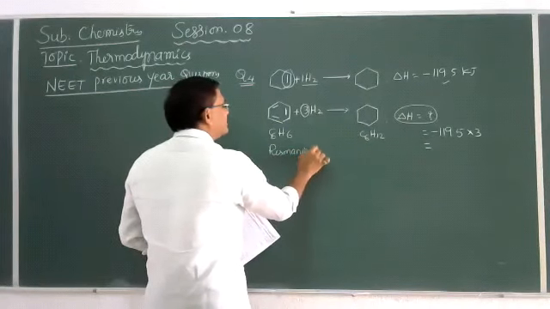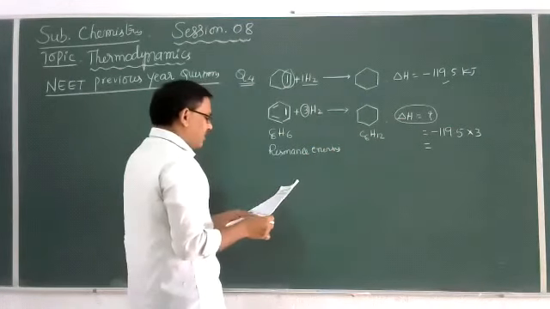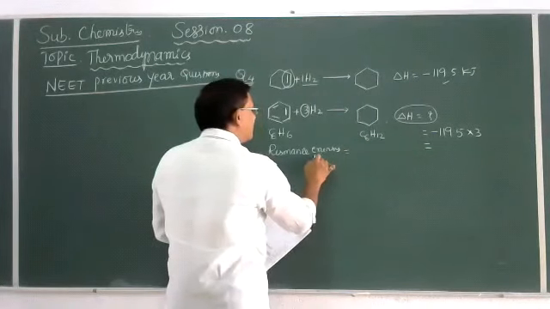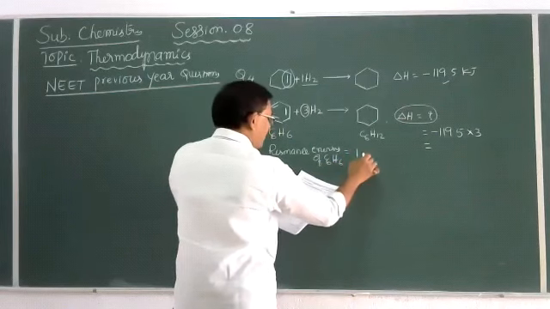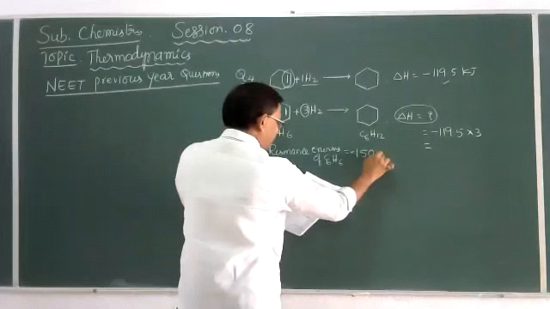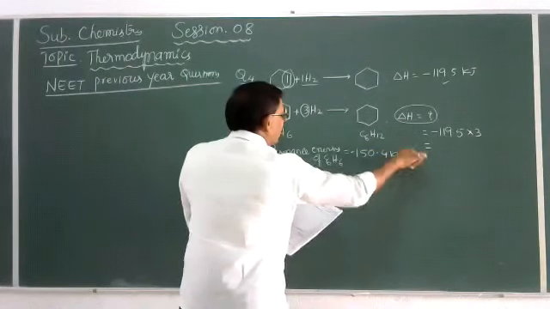Benzene has resonance energy. That resonance energy is given: the resonance energy of benzene is given here as minus 150.4 kilojoules per mole.